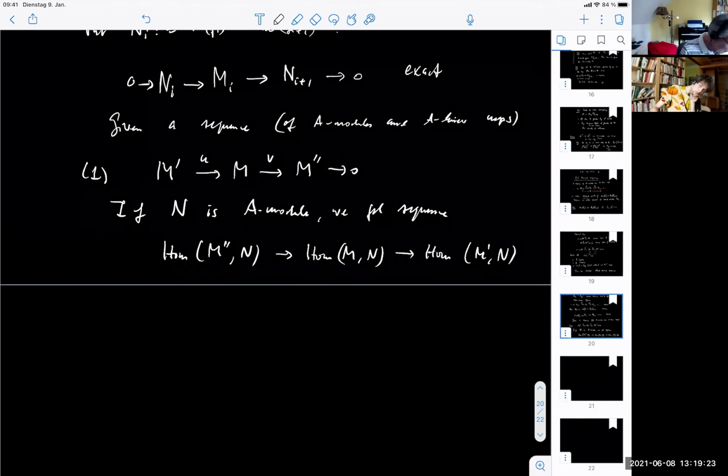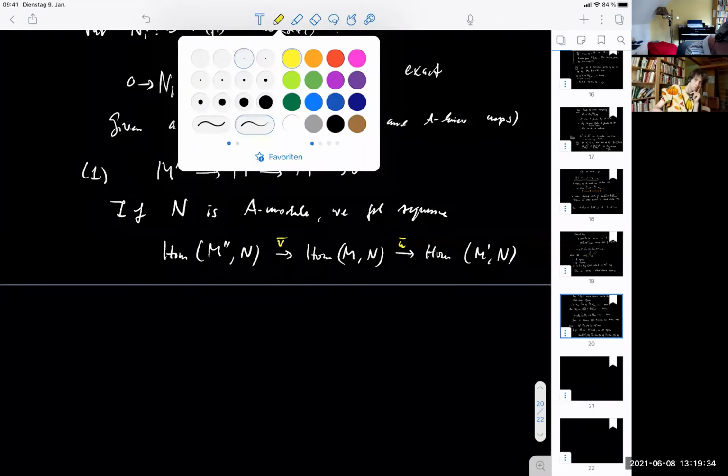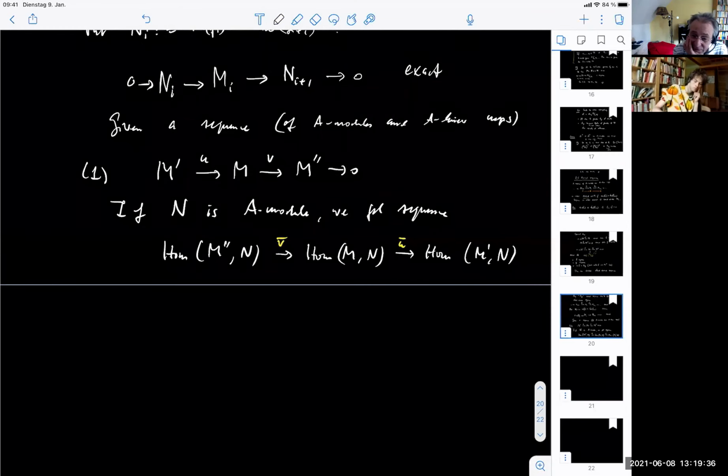And the point is, what is this map? So this is B bar, and this I denote U bar. There is only one reasonable way to define these maps. Any guess? How do I define this B bar?